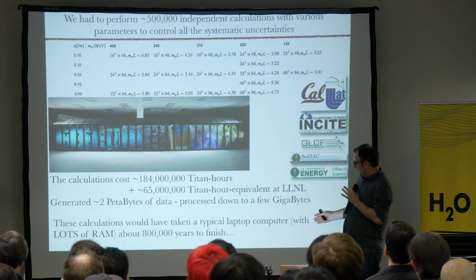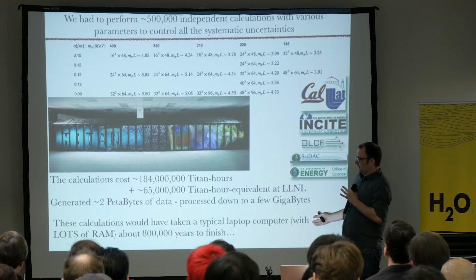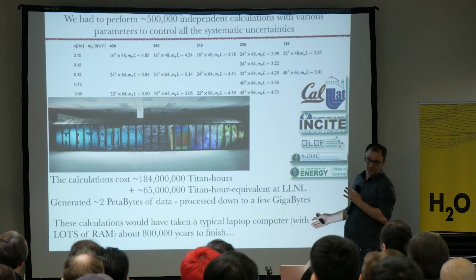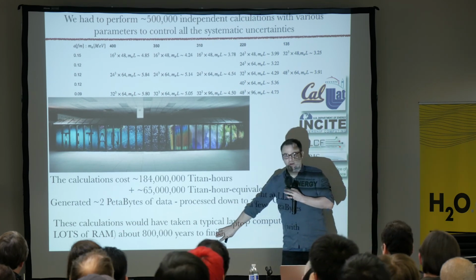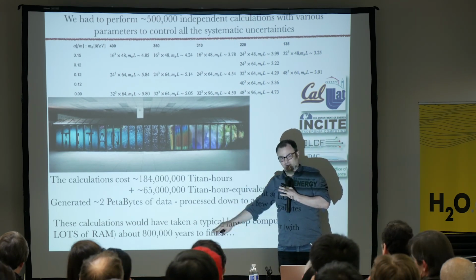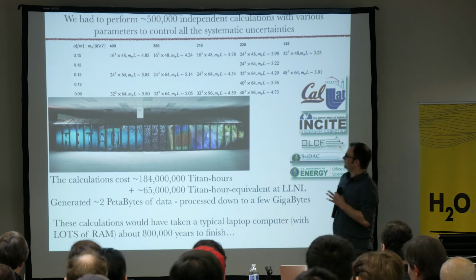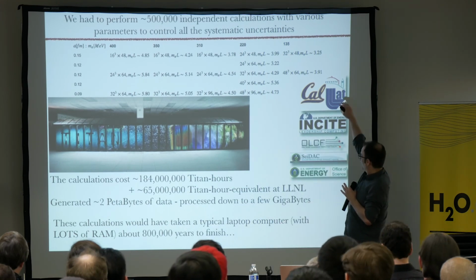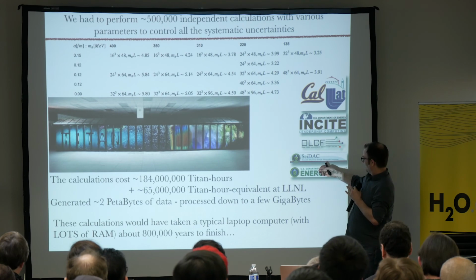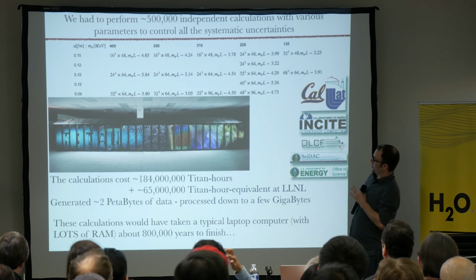And if you had a laptop computer that had a huge amount of RAM, you could have done the calculation, but it would have taken about 800,000 years. So that's just the scale of the calculation we're doing. And I have to thank my funding agencies, like the Department of Energy, which is the big funder.